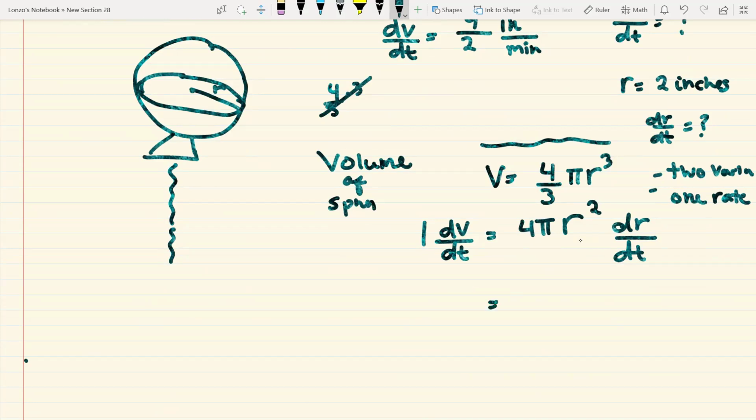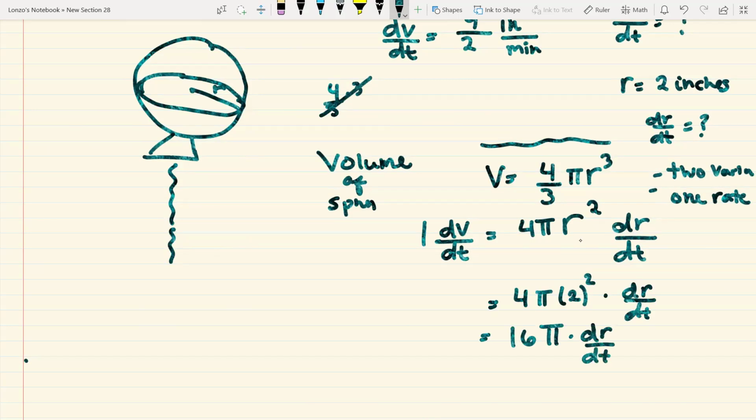We know that the radius is 2 inches, so 4 pi, and then my radius is 2 inches squared times dr/dt. If you clean this up, 2 squared is 4, times 4 is 16, and then you still have that pi, times dr/dt.